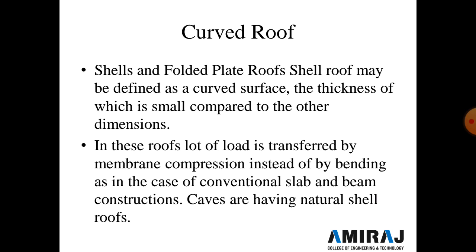Now the next type of roof is the curved roof. A shell or folded plate roof may be defined as a curved surface, the thickness of which is small compared to the other dimensions, and in this roof the load is transferred by membrane compression instead of by bending as in the case of a conventional slab and beam.